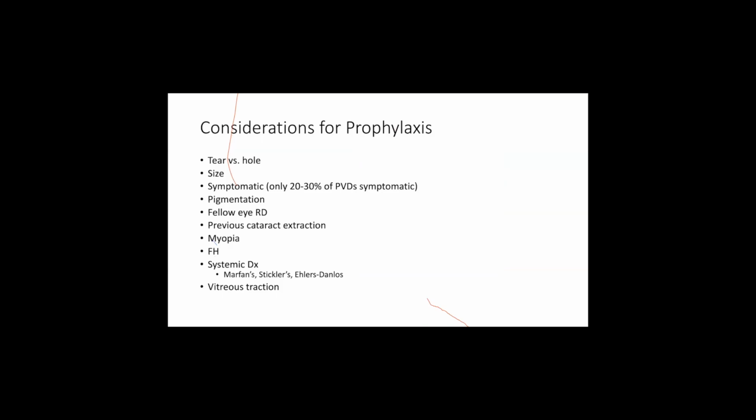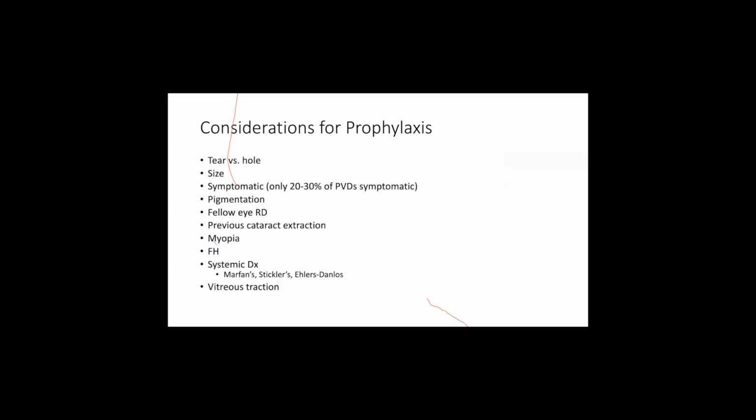So when would I consider prophylaxis? I'll consider prophylaxis if there is a tear. I'll consider prophylaxis if it's symptomatic. I'll consider prophylaxis if there's pigment in the vitreous cavity. I'll consider prophylaxis if the fellow eye also has an RD, or if there's been previous cataract surgery, or if they are myopic.